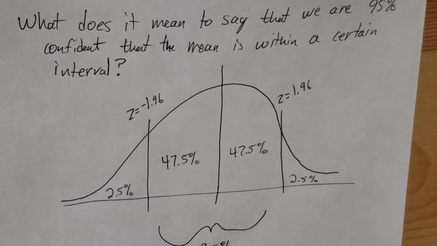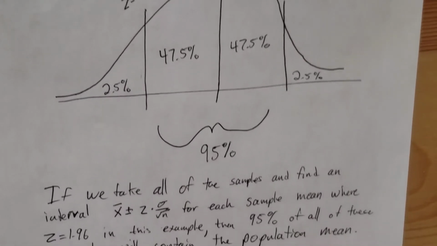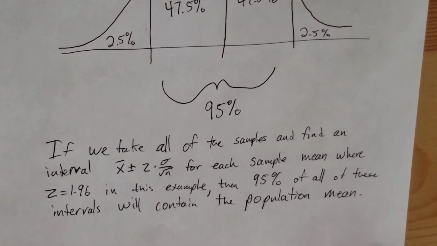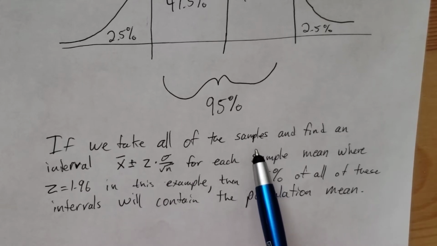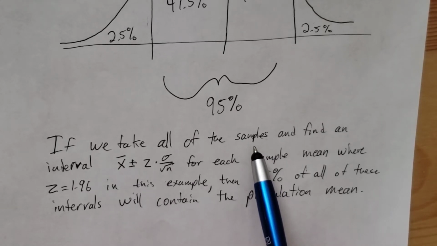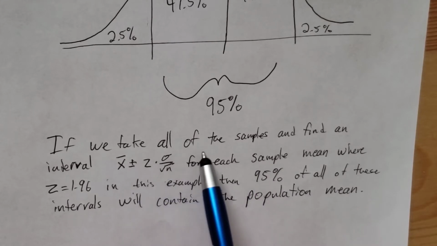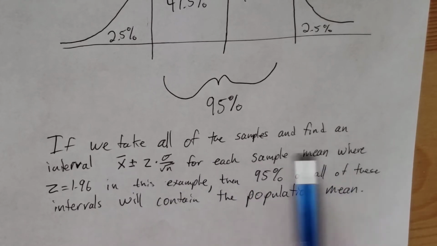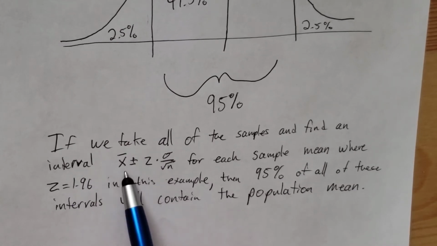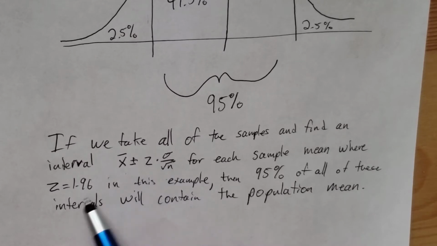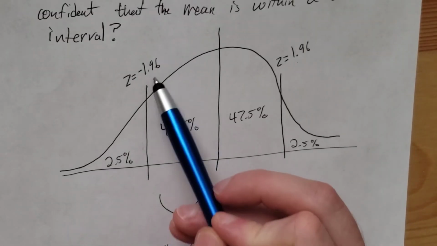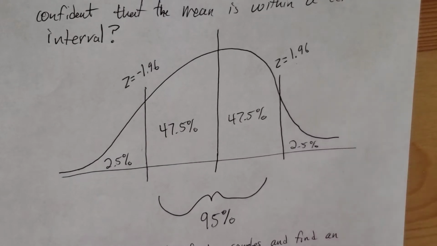Then, what can we do with that? Well, if we take all of the samples, so we have a population, and we take samples of a certain size, and find an interval, x bar plus or minus z times sigma over root n, where x bar is the sample mean, z is this z-score, which is negative 1.96, or really positive 1.96.